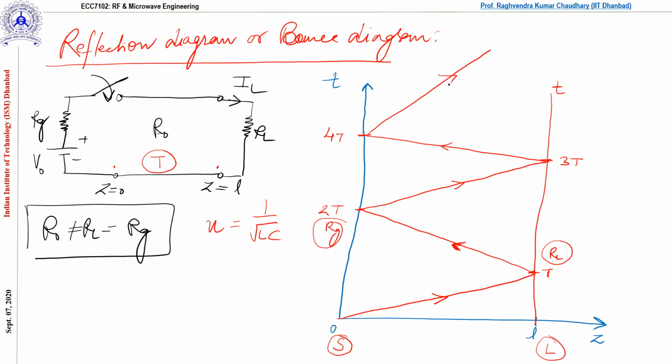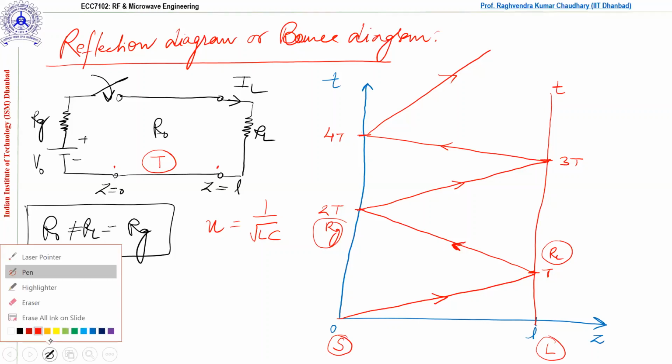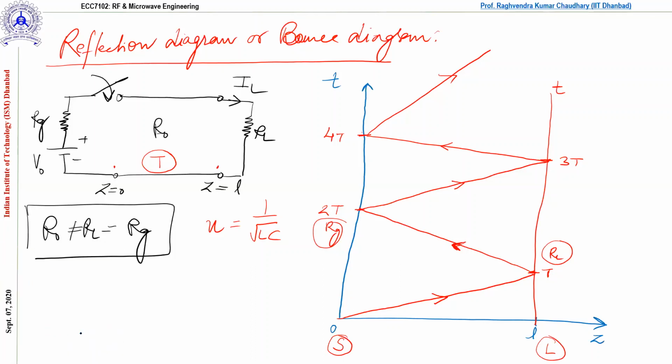Now we can mark some of the things we know, and let us mark down some voltages over here. The first time it launches and reaches the load, let us mark V1 plus. When it reflects back from the load, it gets multiplied by gamma L, which is the reflection coefficient. So the reflected wave magnitude will be gamma L V1 plus.